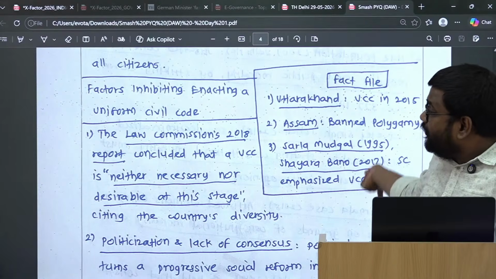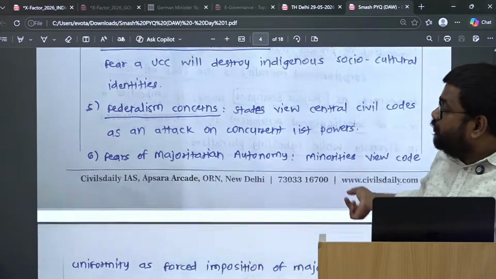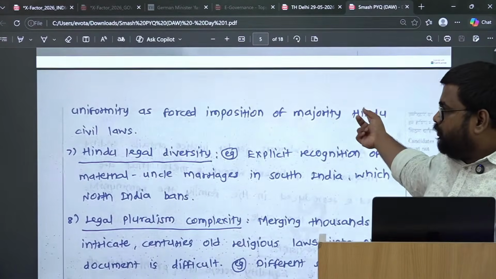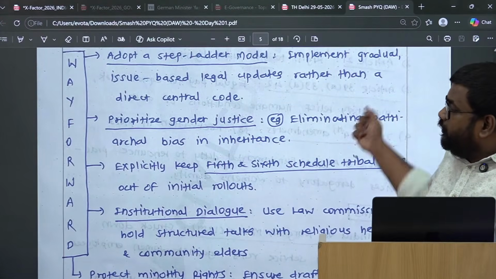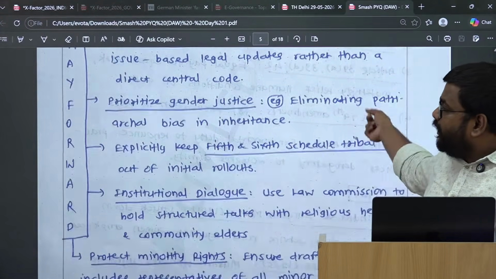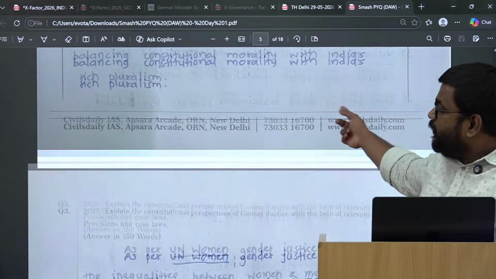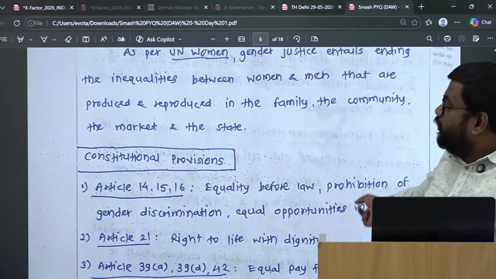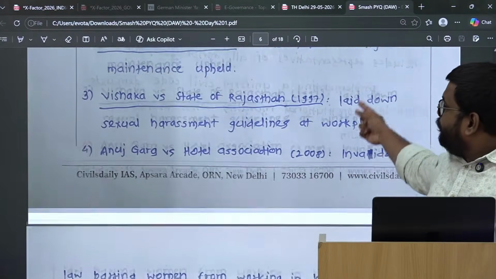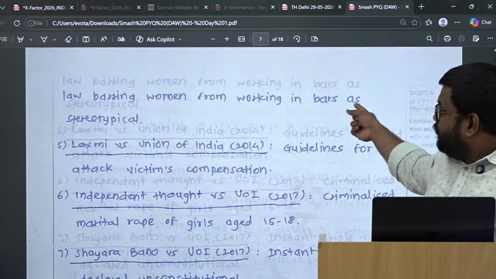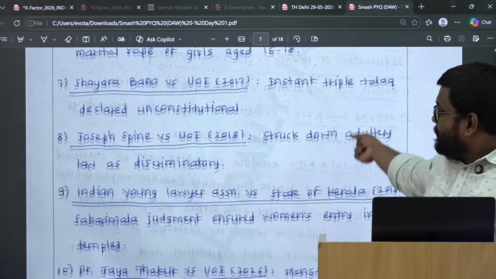Okay, these are the things that we are going to learn from tomorrow. How to write the points, how to improve your presentation. So for every answer that you write, you will have my own answer for comparison. Okay, is this clear? Yes.